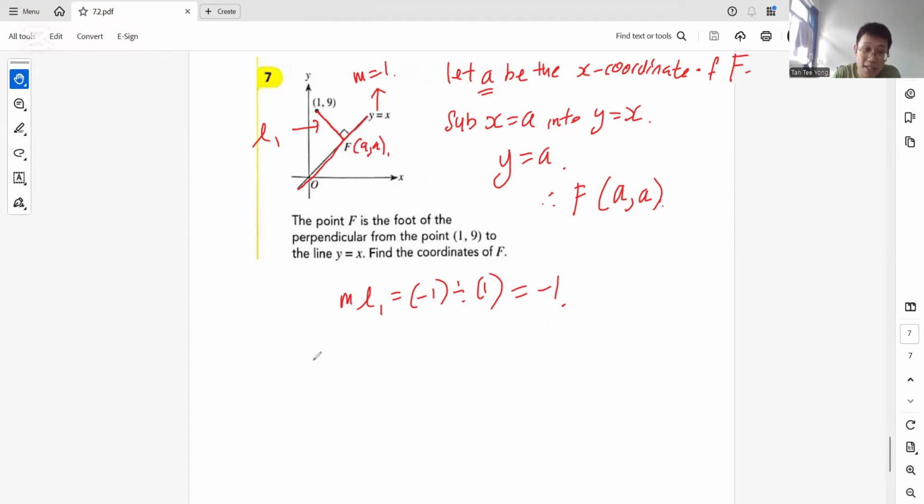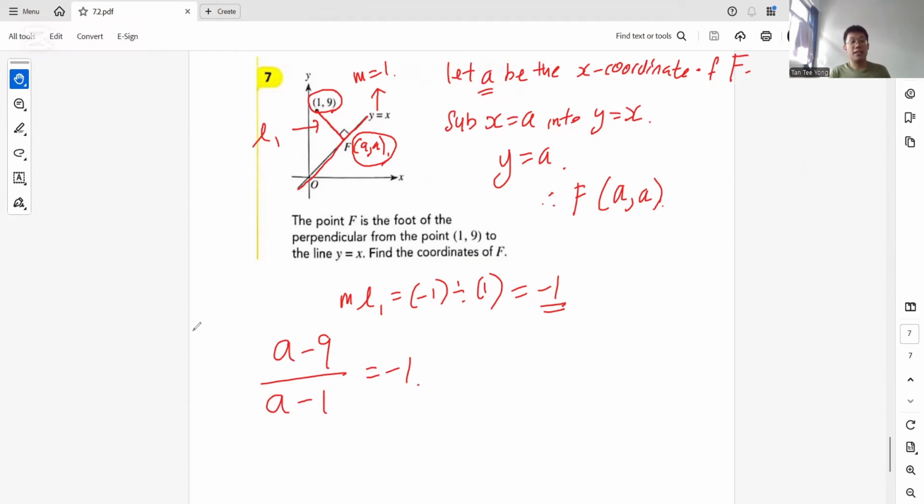So that means I can also say that the gradient formed between the coordinate (1, 9) and (A, A) is also going to be -1. So I can have this gradient equation: A minus 9 over A minus 1 equals -1.